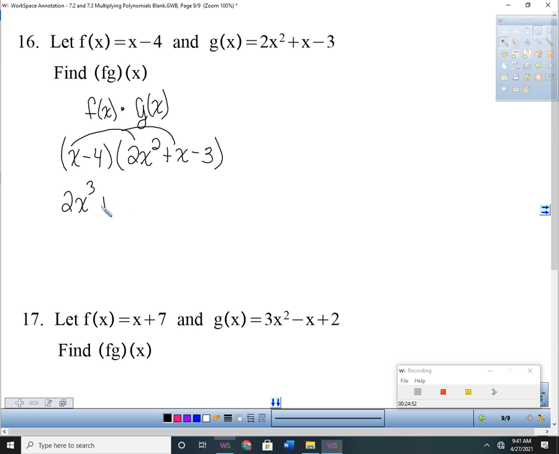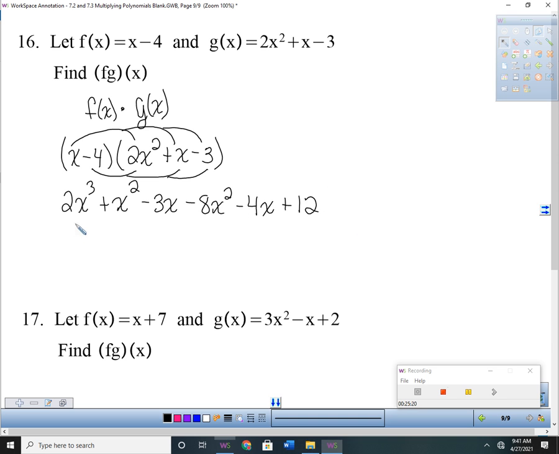X times x is x squared. And x times negative 3 is negative 3x. Then we have negative 4 times 2x squared is negative 8x squared. Negative 4 times x is negative 4x. And negative 4 times negative 3 is positive 12.